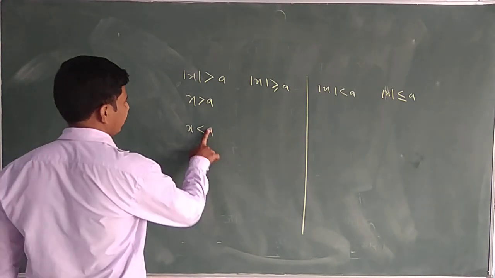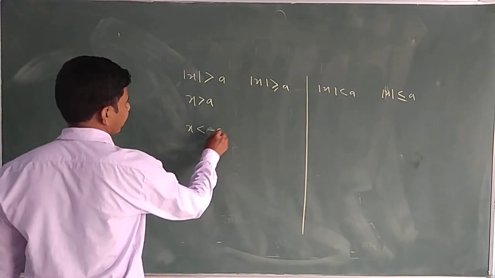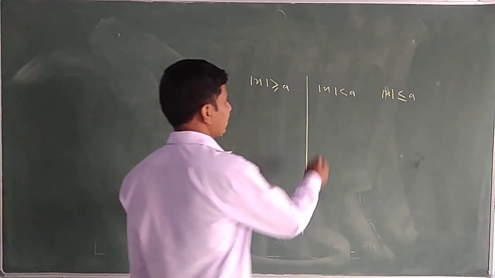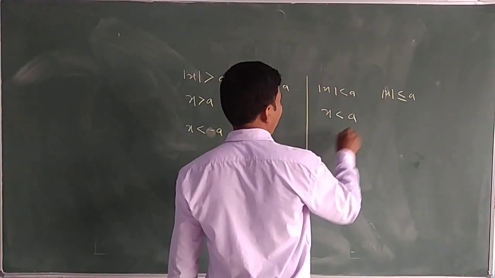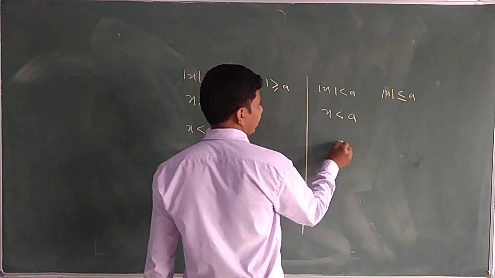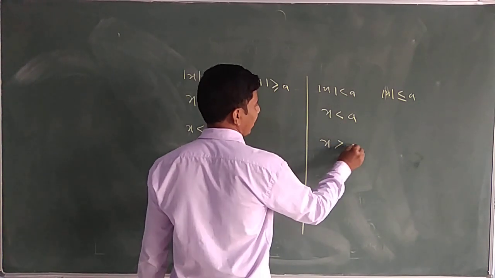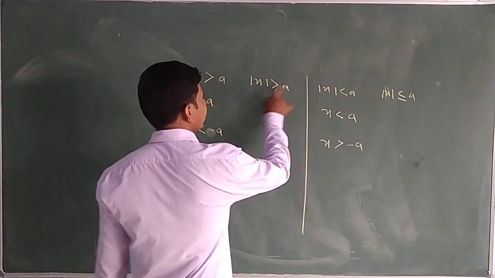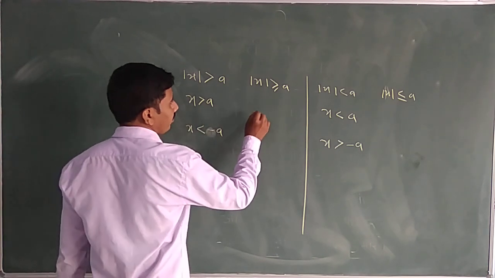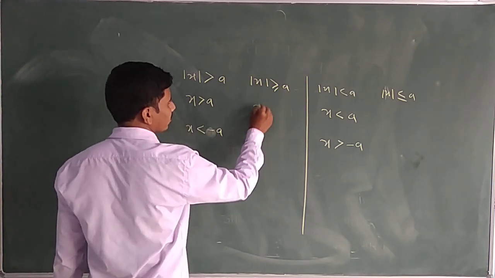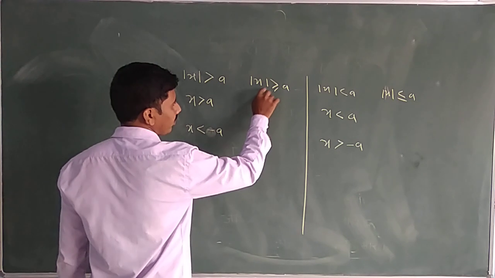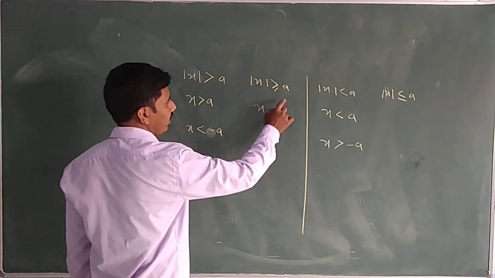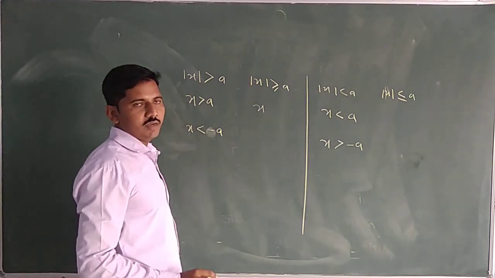While doing the opposite symbol, apply a minus sign to a. Suppose x is less than a; do the opposite sign of less than, that is greater than, and apply the minus sign. So x is greater than minus a. If it is greater than or equal to a, take it as it is, so that you are not confused while remembering it.